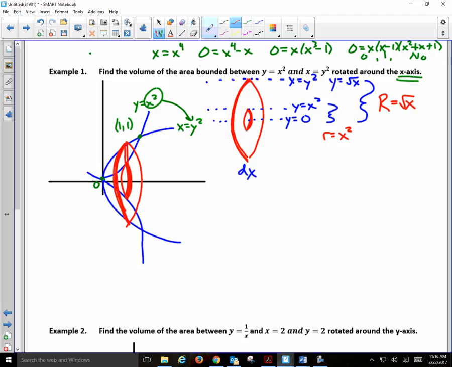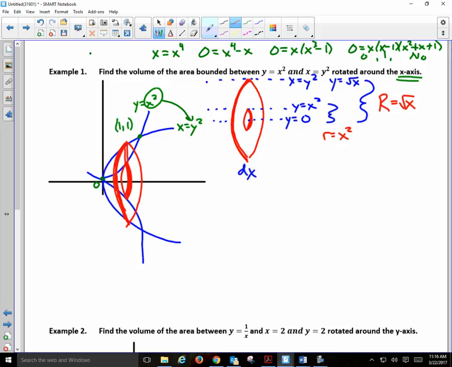Now, I understand that to many of you, you might say, well, x squared seems like it would be the big radius, and square root of x seems like it would be a small radius. But when we're dealing with values between 0 and 1, the opposite is true, okay? If you square a small value, it becomes even smaller. So let's kind of think about that way.